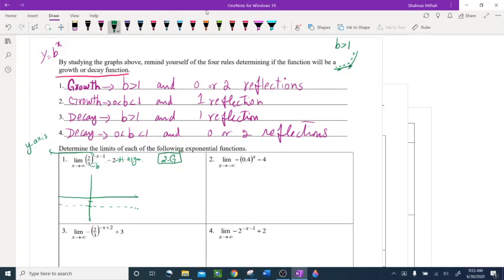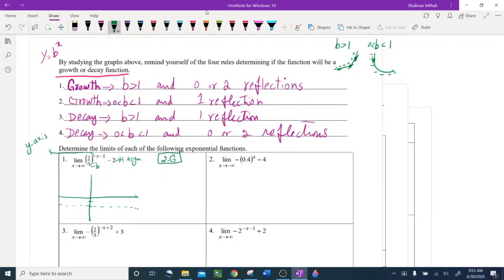A tangent line is the line that touches the graph once. So this is a point, and I pick this, and that's a tangent line. These are all positive slopes, all of them. If I have b less than 1 or greater than 0, it's going to be decay, which means it's going to have negative slopes. If you pick a point and draw a tangent, it's a negative slope. So just consider that, okay?